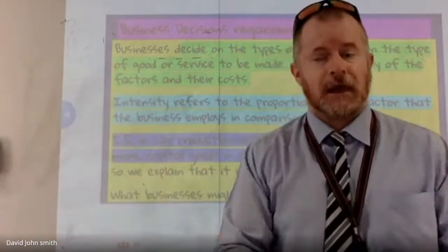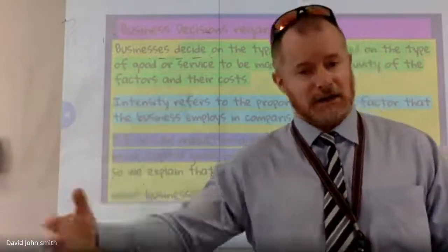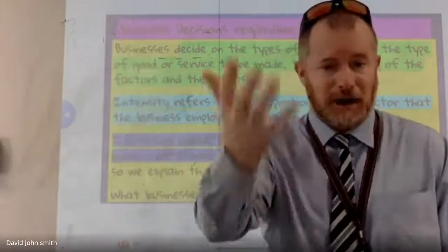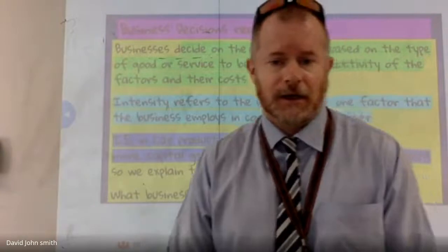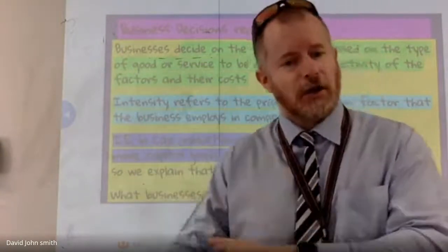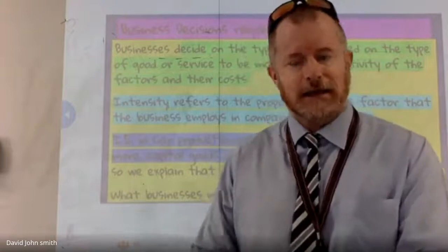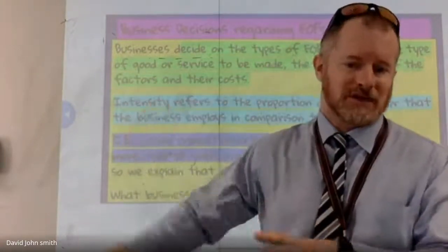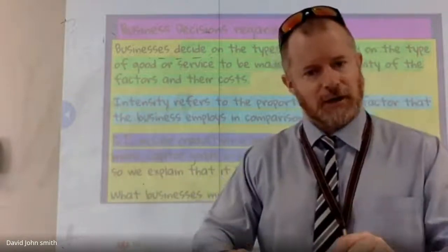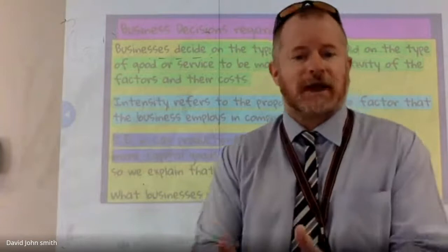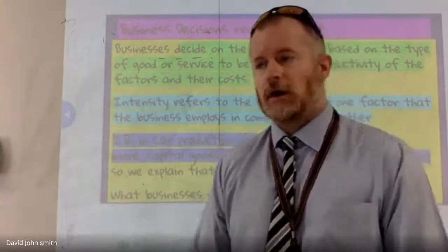Might be a labor-intensive production process, like, for example, possibly palm oil, to use that example again. So that refers to the idea that you've got a greater proportion or greater percentage of one resource type over another in your production process. That's what that context is for that particular term.